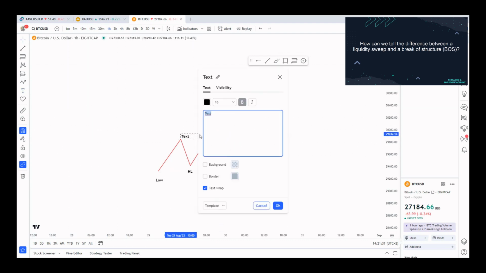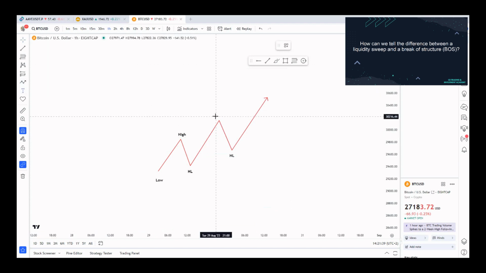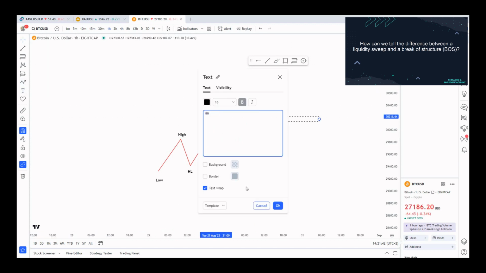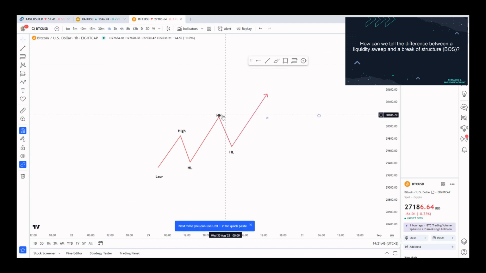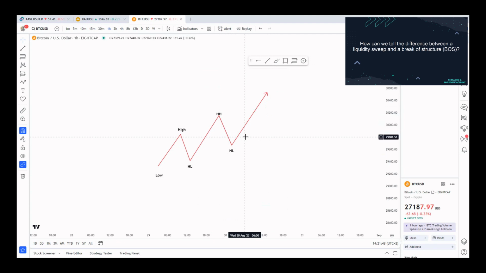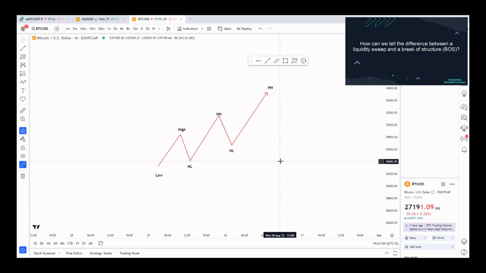It's making a high here, then a higher high, and another higher high.